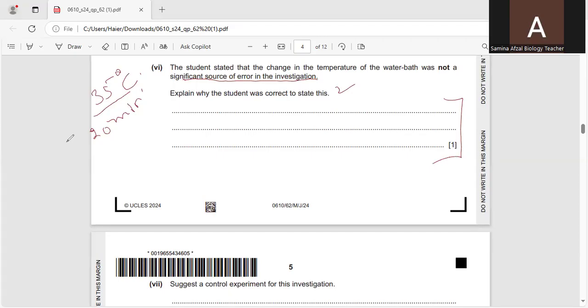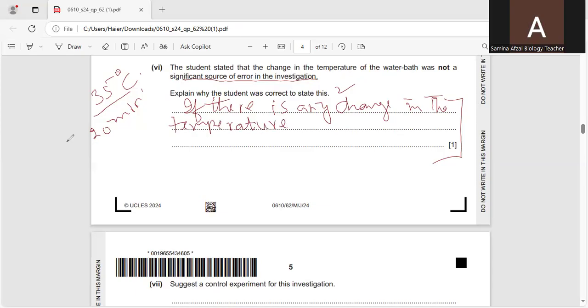If there is any change, all of them were kept in the same water bath.